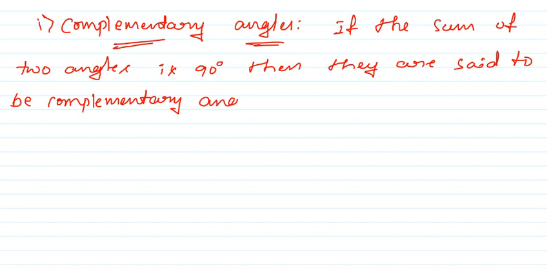See here, if the sum means addition, sum of two angles is 90 degree, then they are said to be complementary angle. For example, see here.